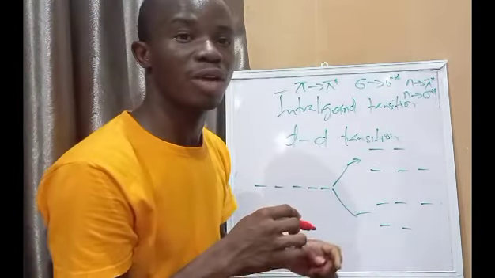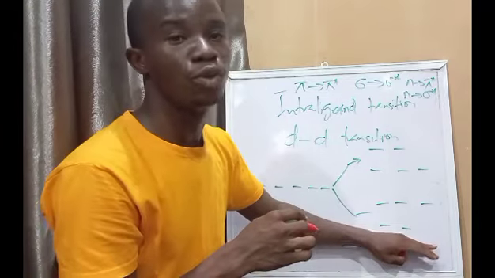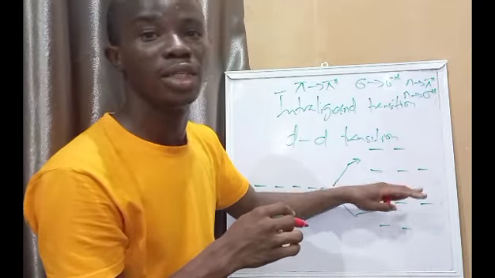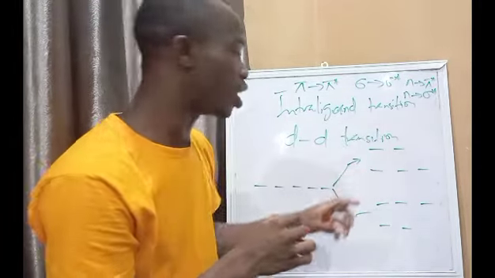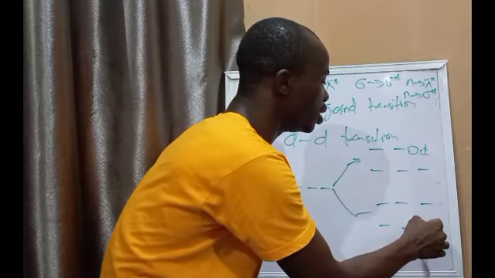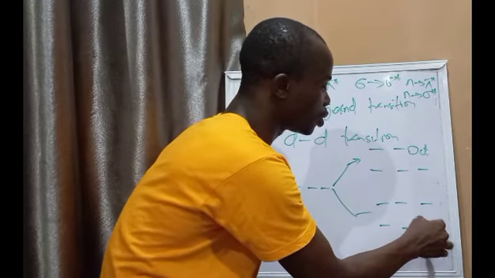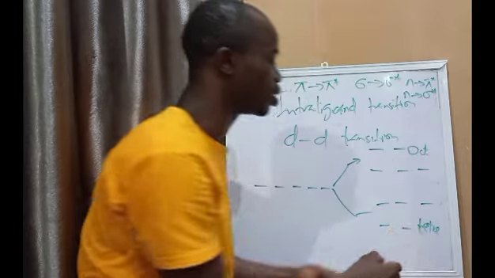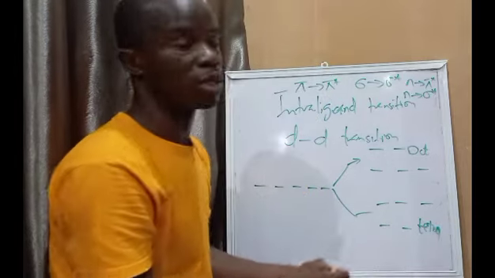But in a tetrahedral environment, two have lower energy, while three have higher energy. So this is what happens in an octahedral environment, and this is what happens in a tetrahedral environment.